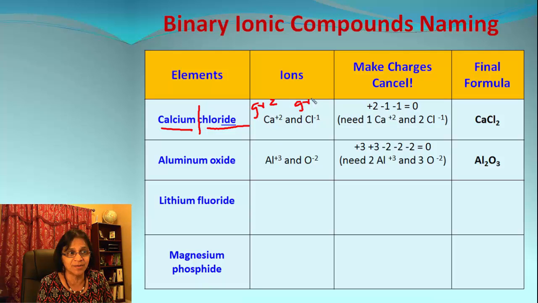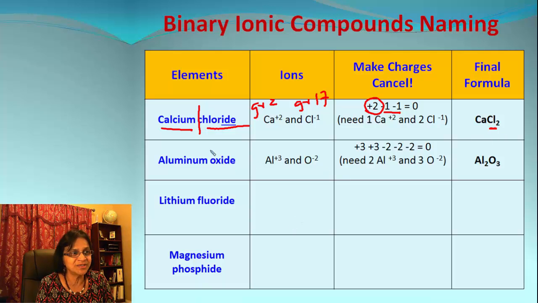Chlorine is in group 17 and tries to gain electrons, so it's negative 1. We cancel the charges so the net charge on the ionic compound is 0. With positive 2, we need two negative 1s to cancel the charge, so we need 2 chlorine ions, and the formula is CaCl2.